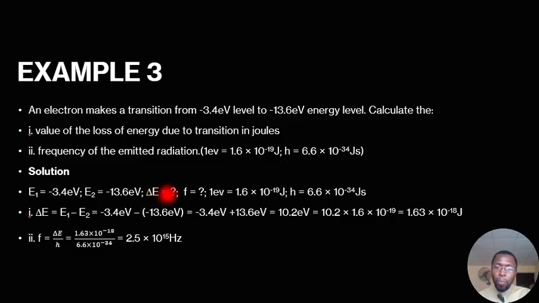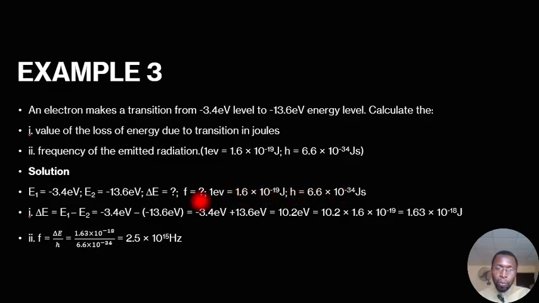Now we have to calculate the loss of energy, and loss of energy is this symbol, delta E, or change in energy. So it's the unknown there, that's the Roman figure 1. Then we also have to calculate the frequency, it's also unknown. Then we are given 1 electron volt to be converted. If you want to convert electron volt to joule, this is the conversion equation, and then the Planck constant.